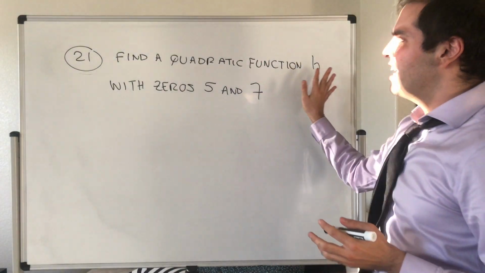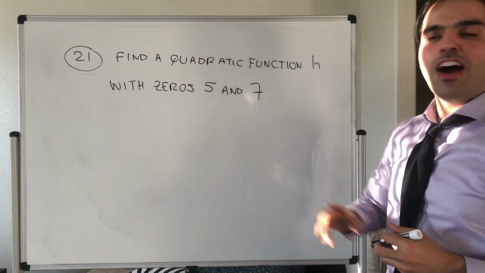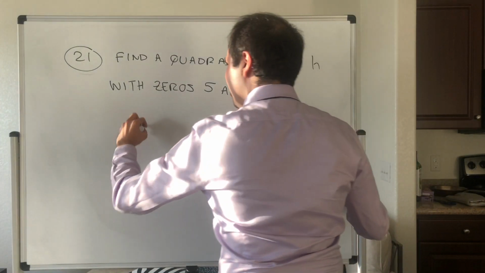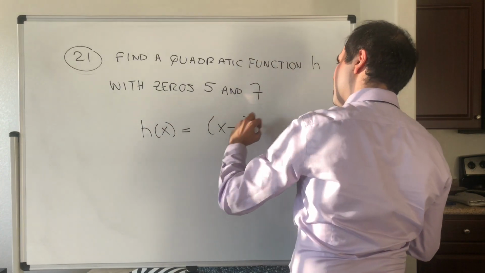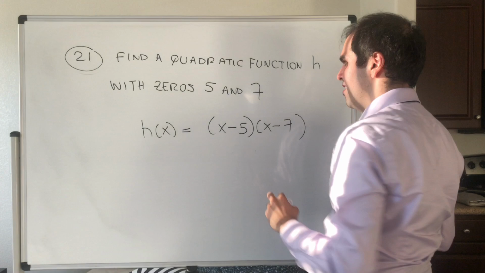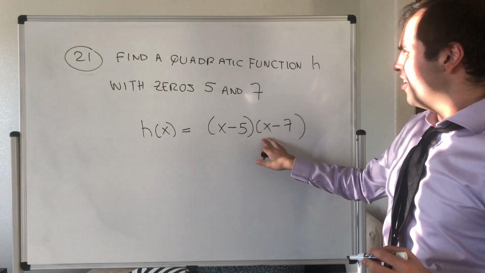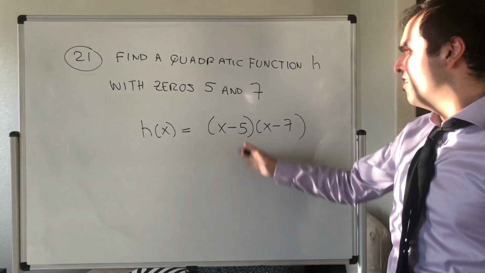Let's find a quadratic function h with zeros 5 and 7. Well, all you need to do is find h of x to be (x minus 5) times (x minus 7). So x minus the first zero times x minus the second zero. And that's it.